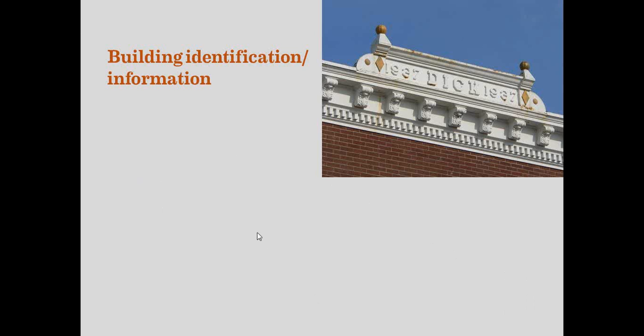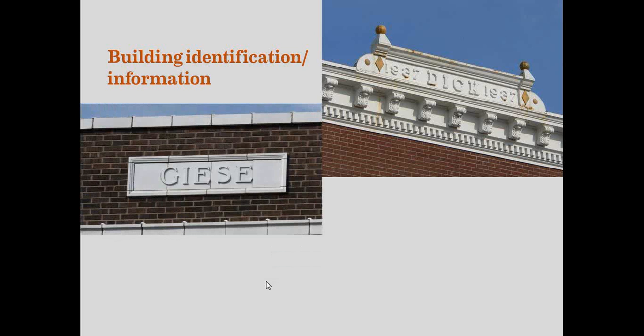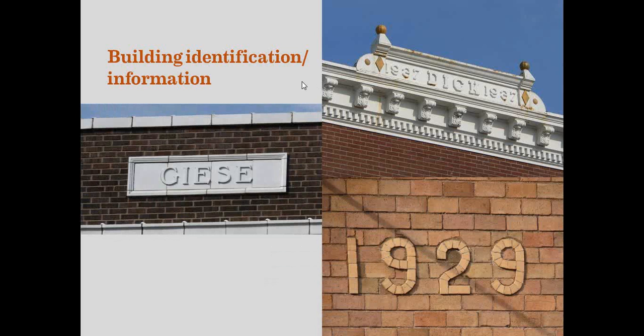So a lot of sheet metal cornices typically bear the name and the date of construction, like in this example. Other signs just have the owner's name, and others just have the date, but once again, I consider those signs for their information providing potential.